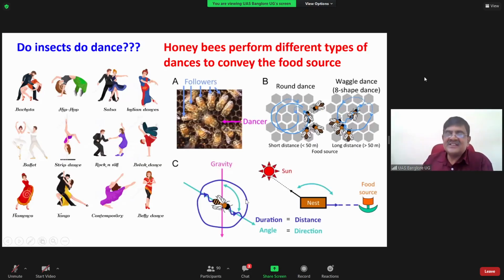Suppose this is a 70-degree angle, then insects also dance at a 70-degree angle with respect to the sun and the food source. This angle indicates the direction of the food. In this way, honeybees convey their food source with the help of a dancing mechanism.